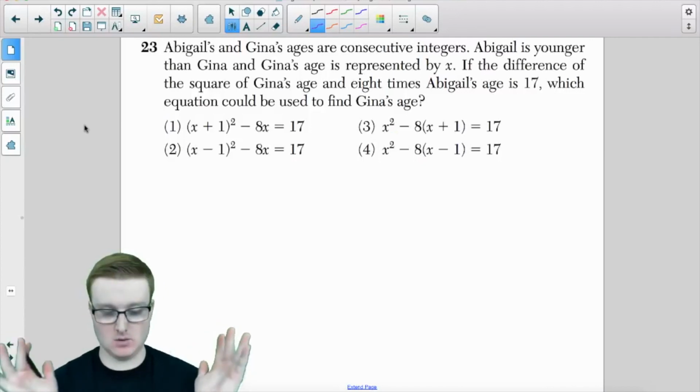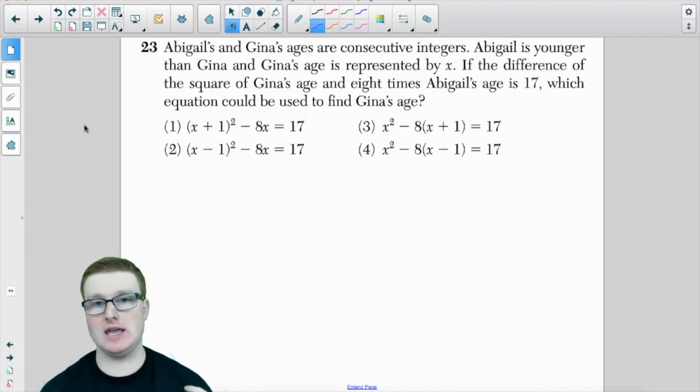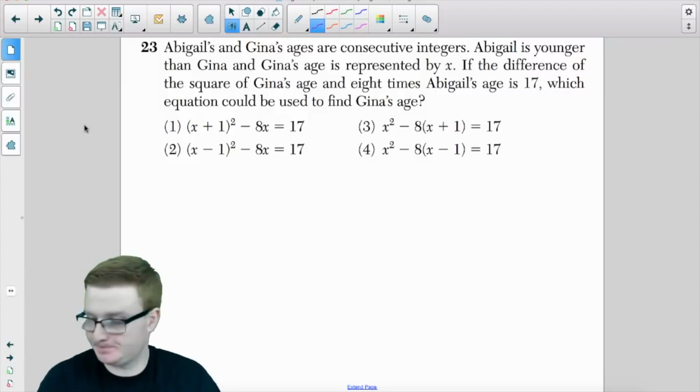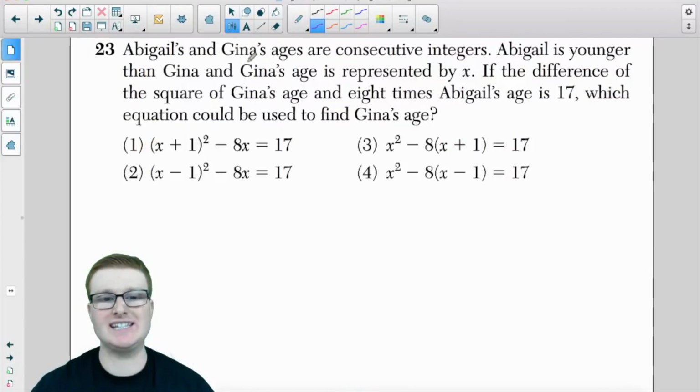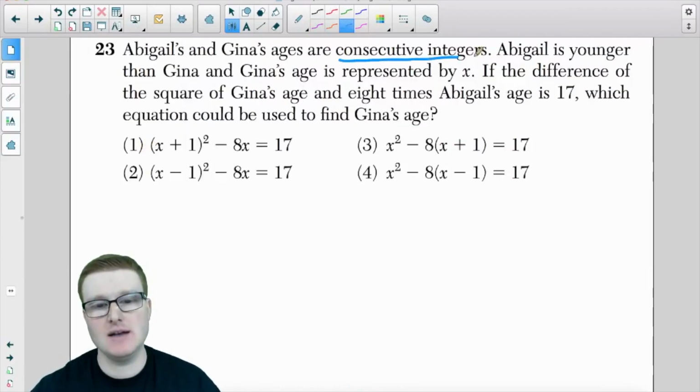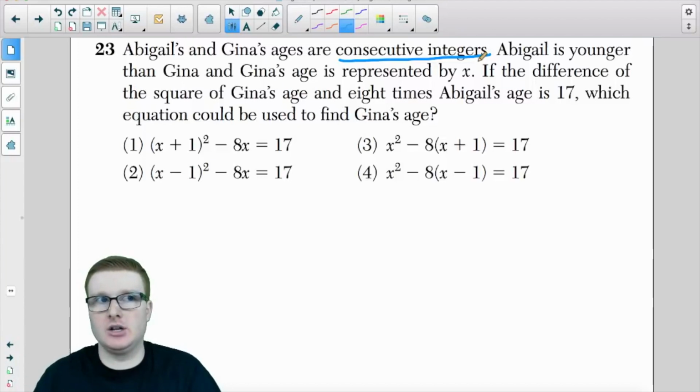Okay, 23 was the hardest question, in my opinion, on the multiple choice section of this exam. Let's go through it slowly. Abigail's and Gina's ages are consecutive integers. Consecutive integers means one follows after the other. So, 1, 2, 3, 4, 5. Those are consecutive.